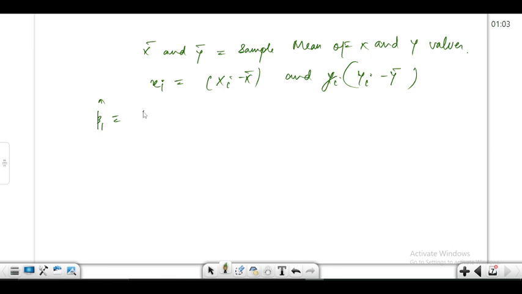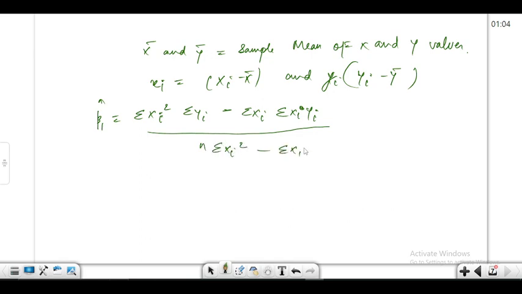On solving those equations, I get summation xi square, summation yi minus summation xi into summation xi yi, upon n summation xi square minus summation xi whole square, which is also equal to beta 1 hat equal to y bar minus beta 2 hat x bar.